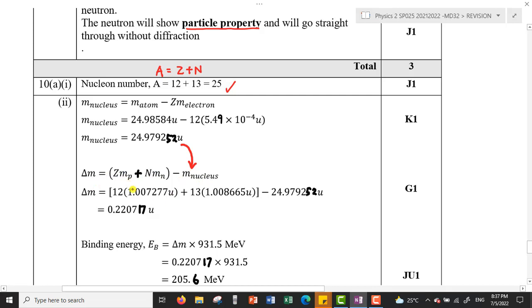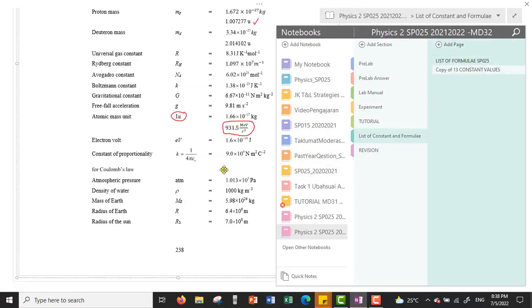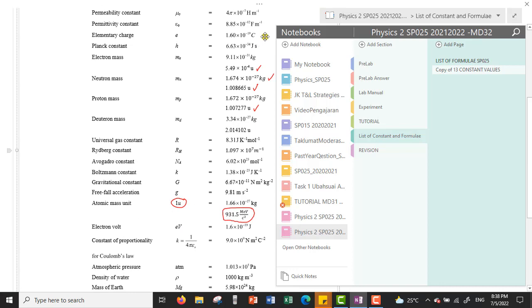Then only we put it into the equation of mass defect equal to ZMP plus NMN minus mass nucleus. Okay, so the numbers of proton is 12. The mass of the proton is 1.0072777 U. The number of neutrons is 13, and mass of the neutron is 1.008665 U. So the mass of the proton and mass of the neutron, you can refer to the list of constant. Okay, dekat sini.